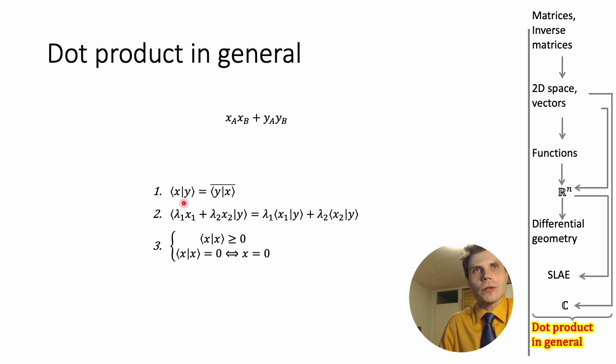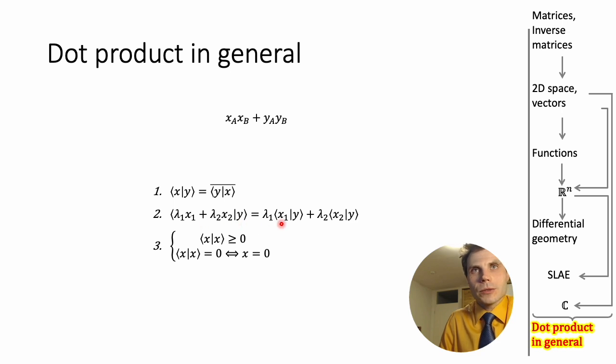So the first axiom I already discussed. The second axiom is that dot product is linear with respect to each of its arguments separately. If you substitute x with a weighted sum of two other vectors, x1 and x2, then you can just split the dot product into the weighted sum of the corresponding dot products.